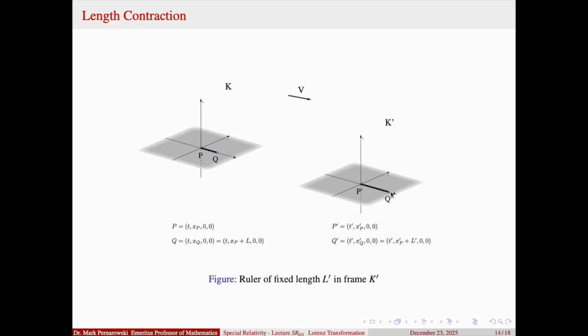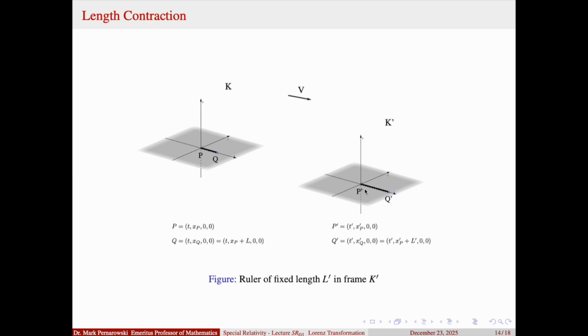That is not what is seen in K. But we know how the coordinates in K prime get translated to coordinates in K. That's the inverse Lorentz transformation.